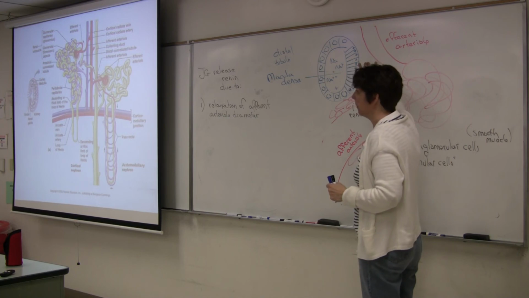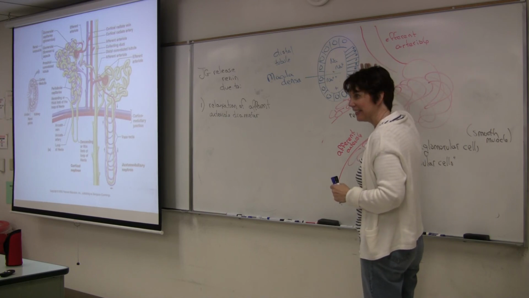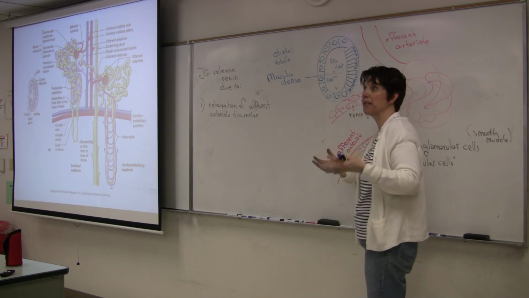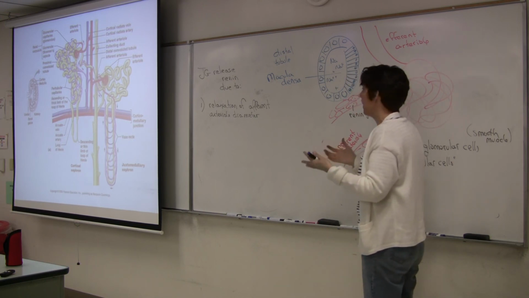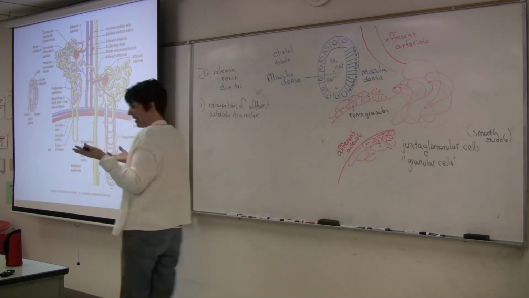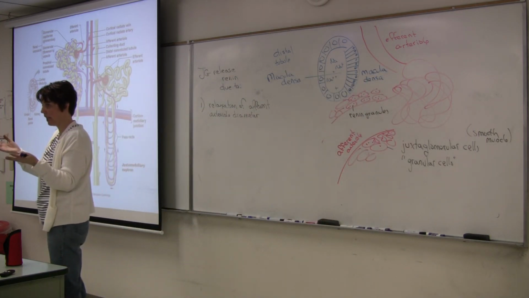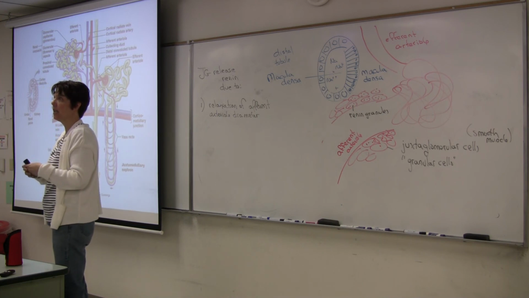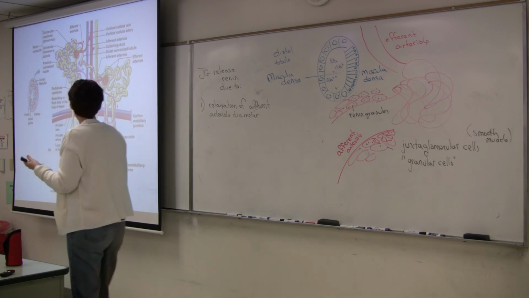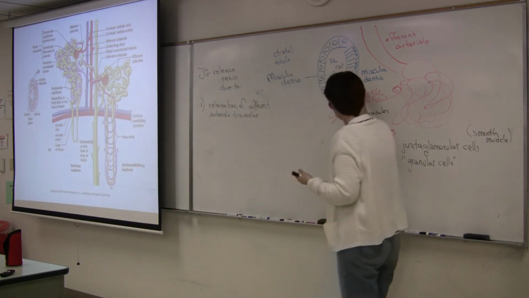And that is picked up by the macula densa. So the macula densa cells basically are osmoreceptors for the amount of sodium in the distal tubule. Does that make sense? Okay? And they will release prostaglandins, paracrine hormones, if you will, because they don't get in the blood, they just travel a short distance over here.